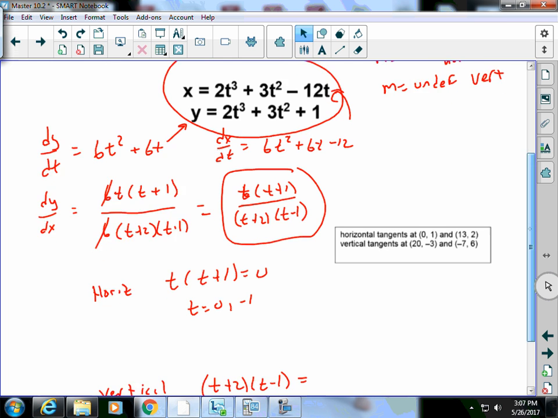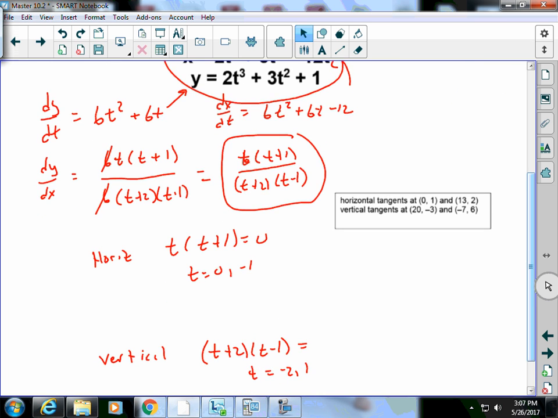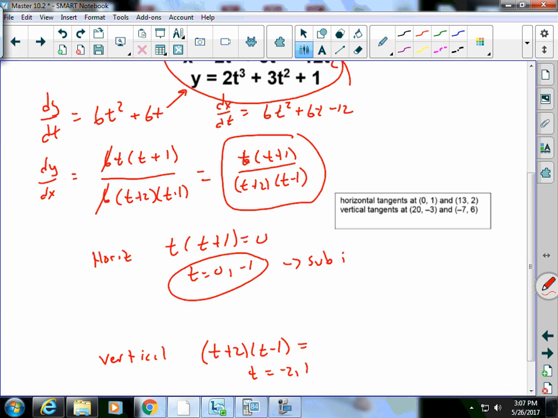All right. And I get the horizontal by taking this, so into x equals 2t cubed plus 3t squared minus 12t, y equals 2t cubed plus 3t squared plus 1.